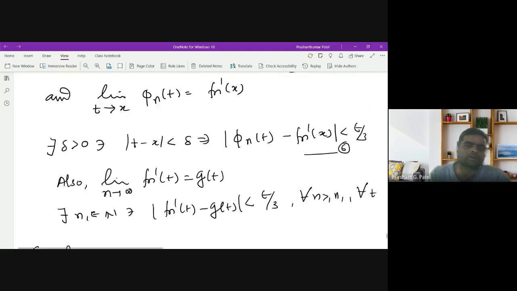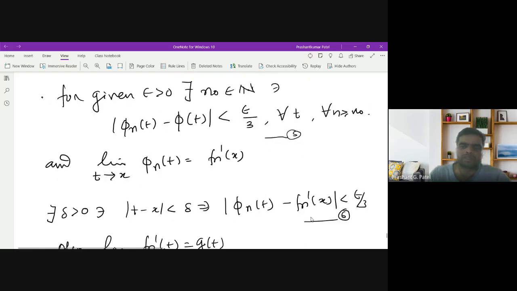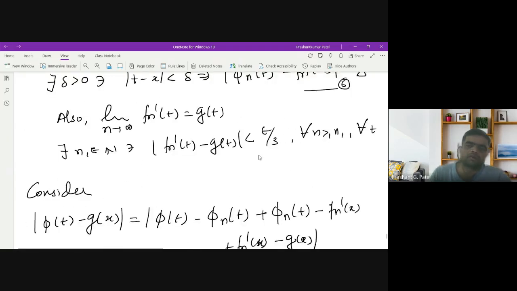and this will be less than epsilon by 3 due to statements number 5, 6, and if I call this statement 7.